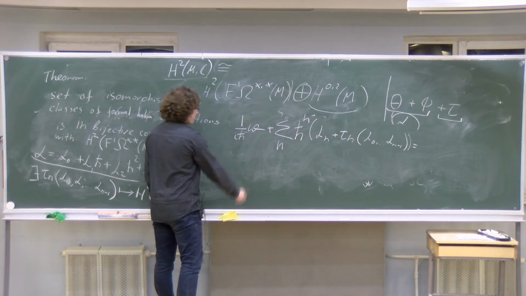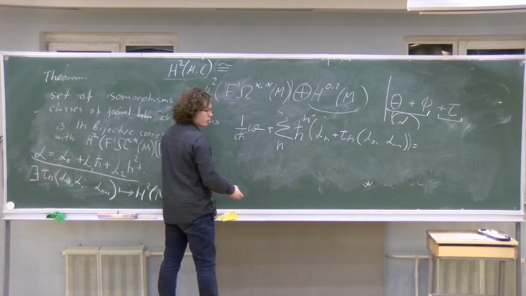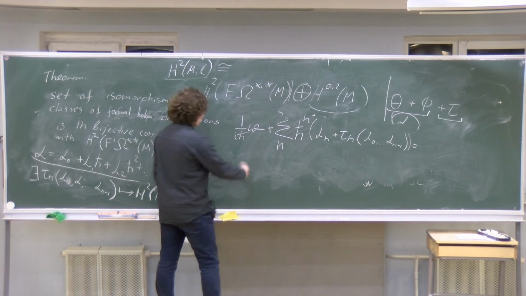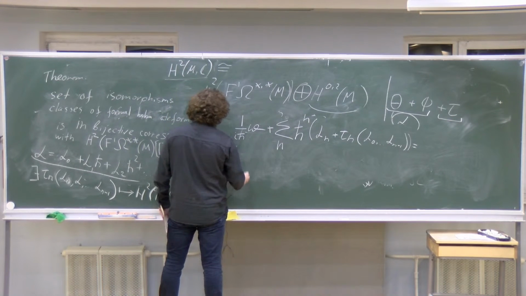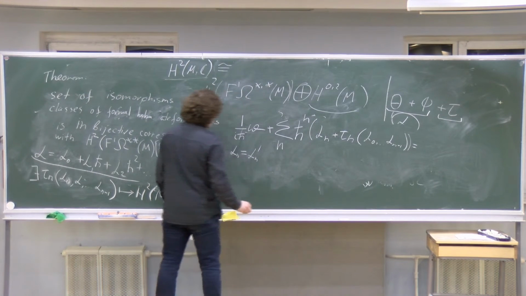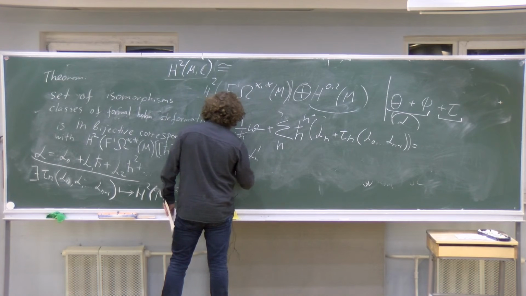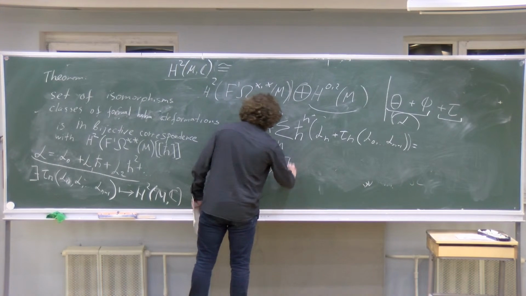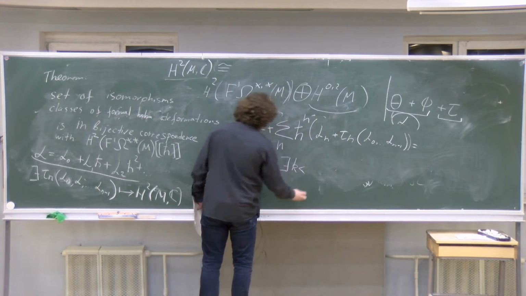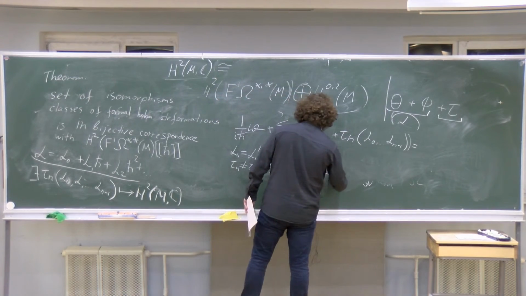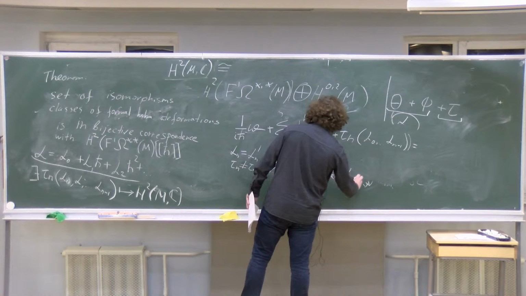For example, if we have two formal deformations such that for some n, alpha n equals alpha n prime, but tau n is not equal to tau n prime, then there exists k lower than n where alpha k is not equal to alpha k prime.